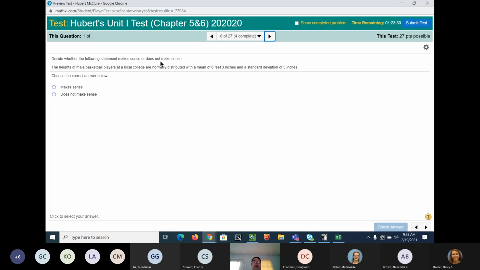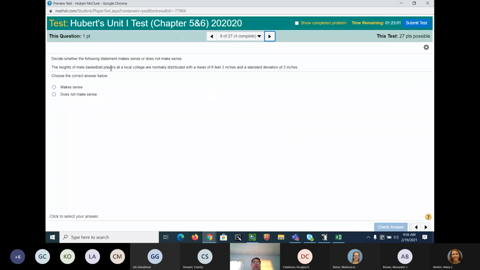Decide whether the following statement makes sense. The heights of male basketball players at a local college are normally distributed with a mean of 6 feet 3 inches and a standard deviation of 3 inches. Does that make sense? Yeah. Now, what would not make sense? Well, if it said 6 foot 3 inches and a standard deviation of 2 foot, that would not make sense.